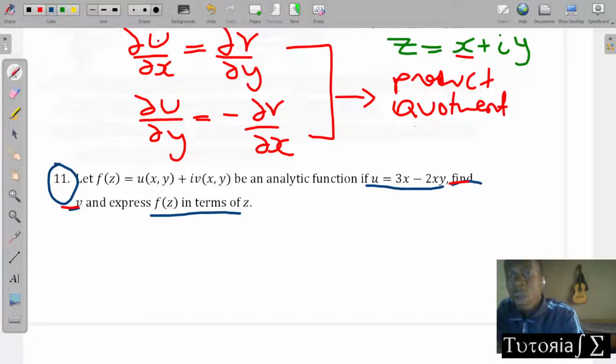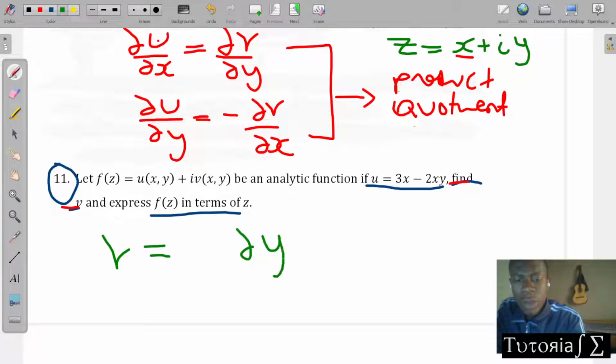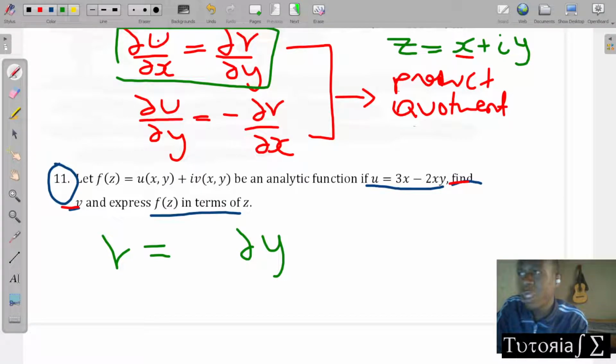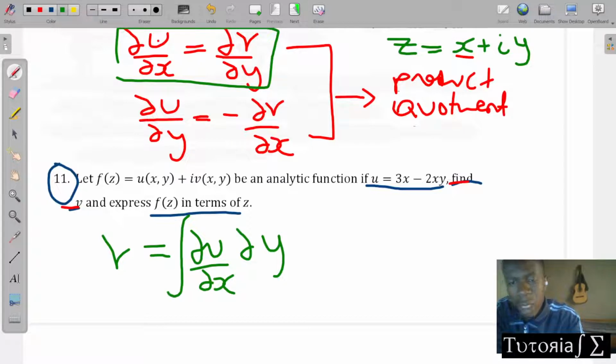So we are going to say v is equal to, what is dv/dy equal to according to the Cauchy-Riemann equations? I'm teaching you how to remember these equations. So dv/dy according to the Cauchy-Riemann equations is du/dx. So here we can put du/dx, then we say integral, then we're going to say plus.